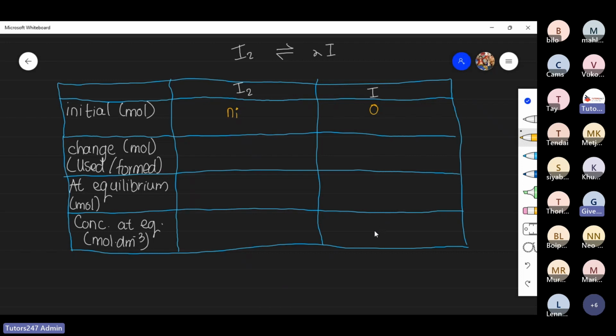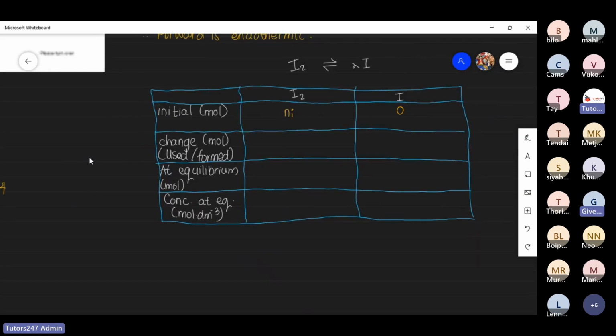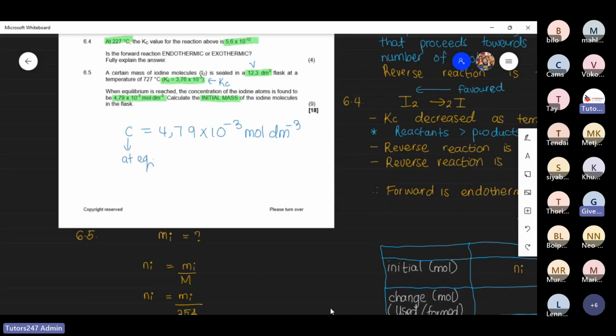Now let's move on. Let's go back to our information to see what we are given so we can substitute it into our table. So from our question, let's see. Okay, something important that we've highlighted in green, we were given the concentration at equilibrium. Of what though? When equilibrium is reached, the concentration of iodine atoms. So keep that in mind.